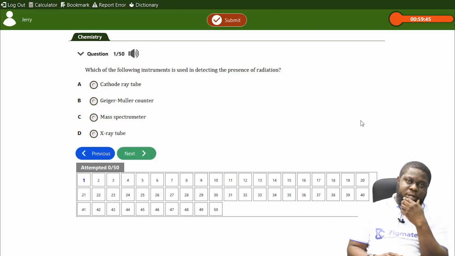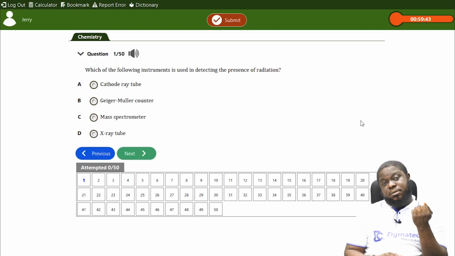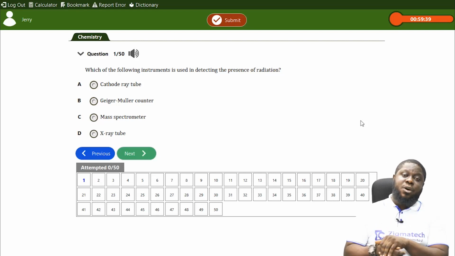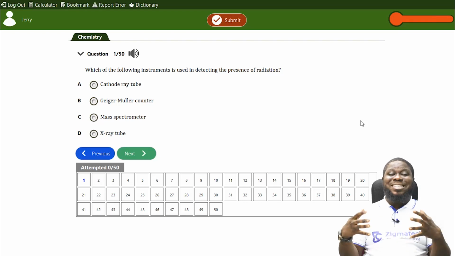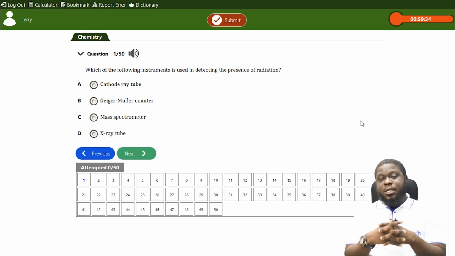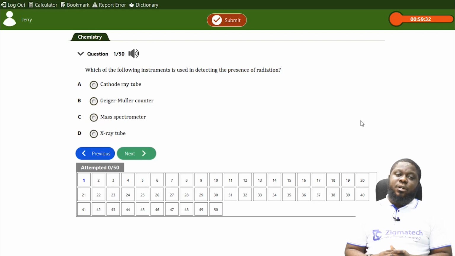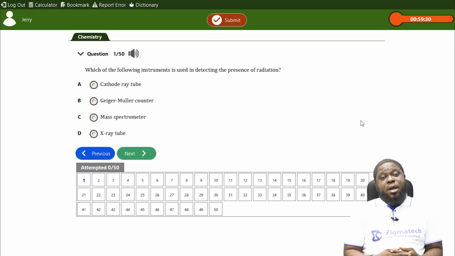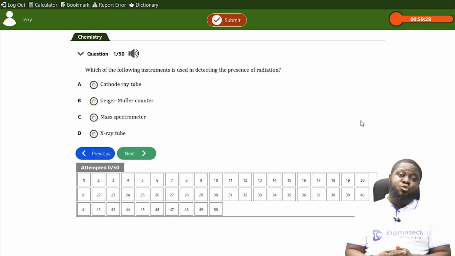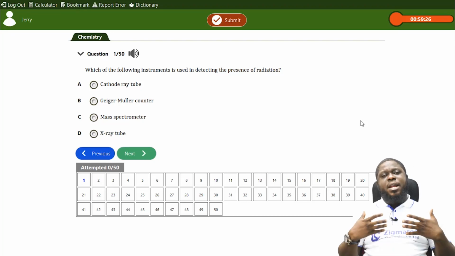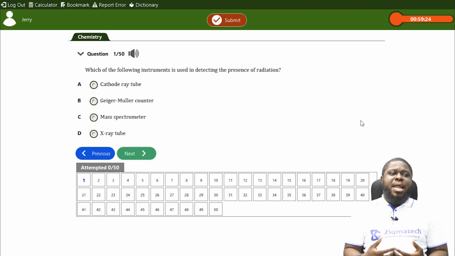We talked about radiation in the formation of the Bose-Einstein condensate. We said that radiation is the emission or transmission of energy in form of waves or other particles through a material medium. When this radiation comes, how do we detect it?